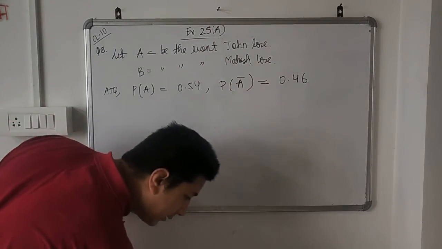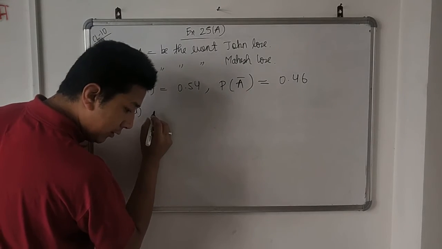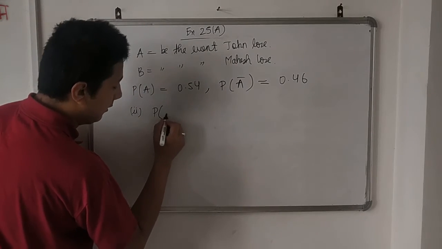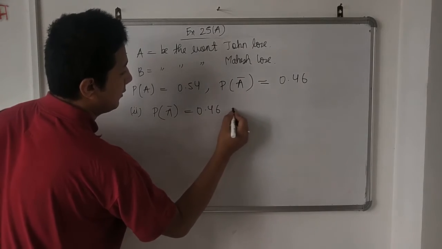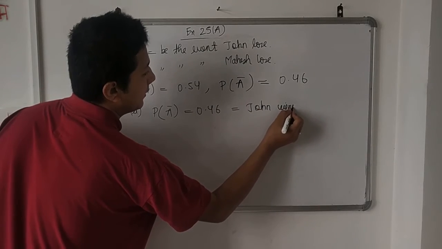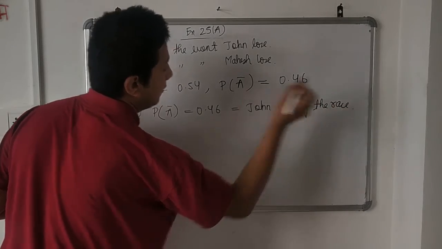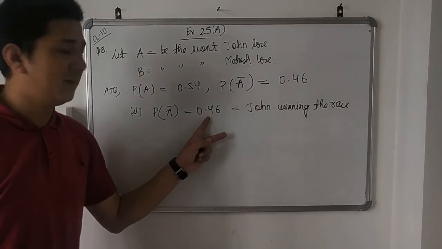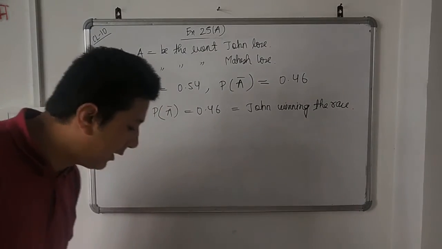So I think that this is number 2, right? Probability of A dash, 0.46, means John's winning the race. So if 0.46 is John's winning the race, then number 1, Mahesh winning.